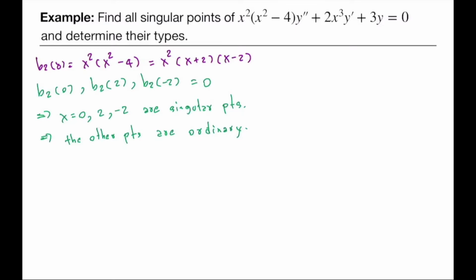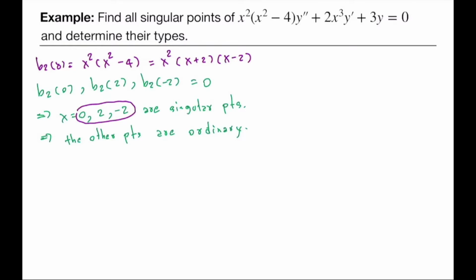Okay, and now we want to know whether or not these points are regular singular points. Right now we know that they are singular points, but we don't know whether or not they are regular.